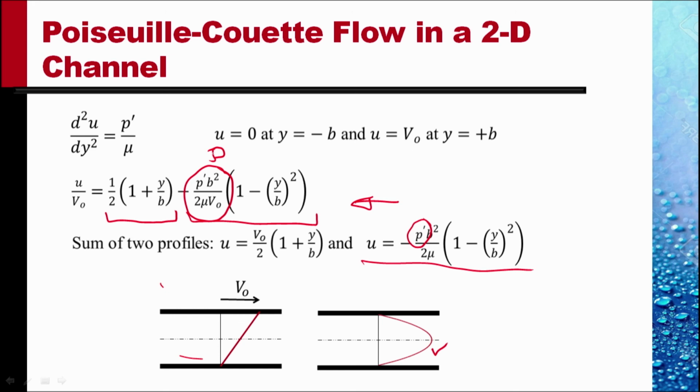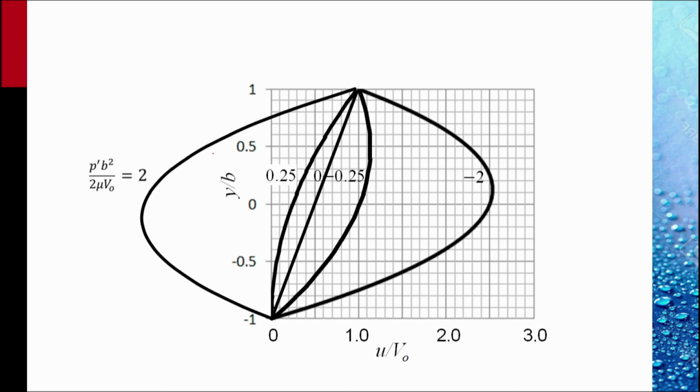For different values of script P, we can plot the various curves. The straight line curve in the middle is for script P equal to 0: linear, the velocity u by V naught varying from 0 to 1.